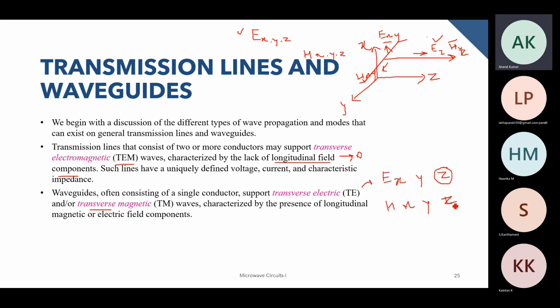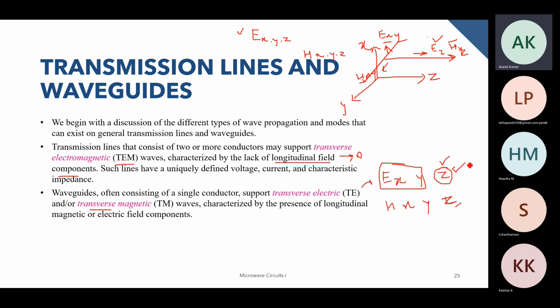So what happens if Ez is zero, but Hz is not zero? In this case, we call this a transverse electric case, because the electric field has only the transverse components.